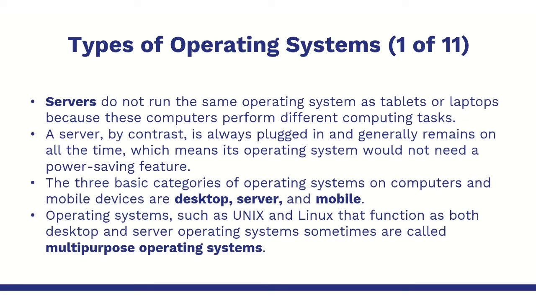But with the advent of technology these days, Windows can also act as your desktop operating system as well as your server. Windows does provide servers, and it also provides a lot of mobile interfaces on tablets.